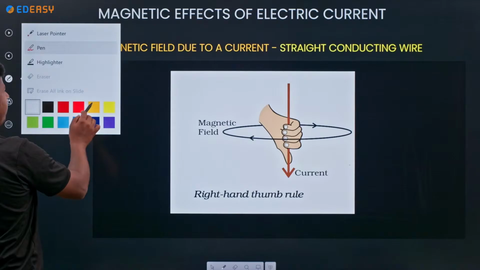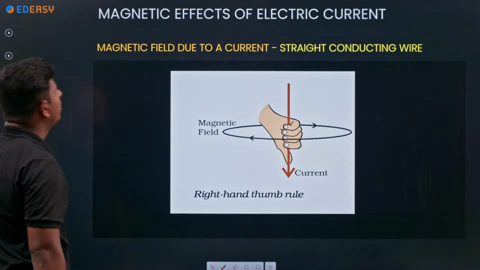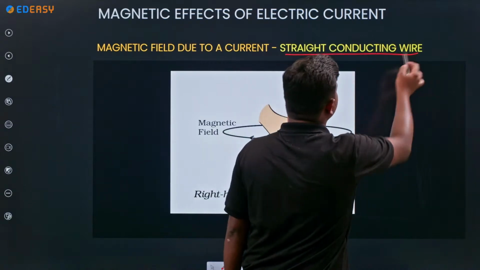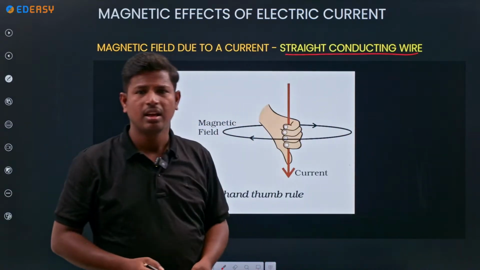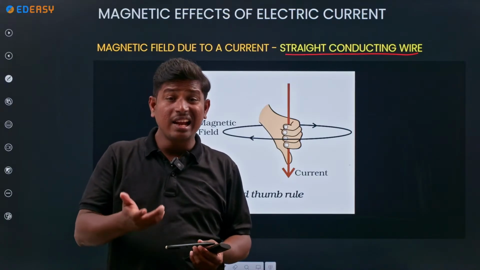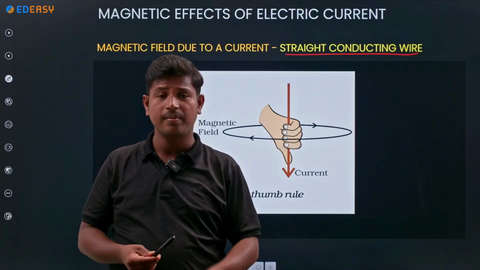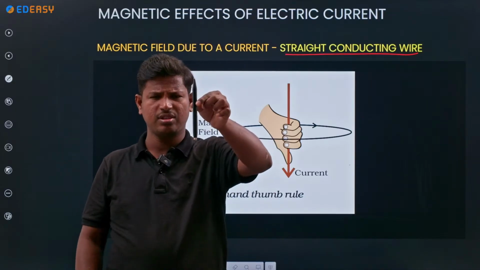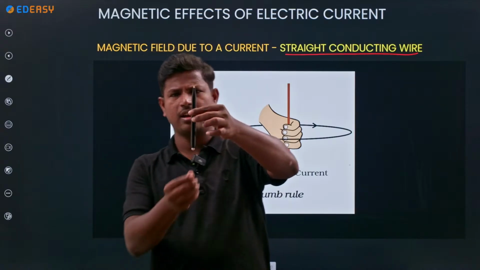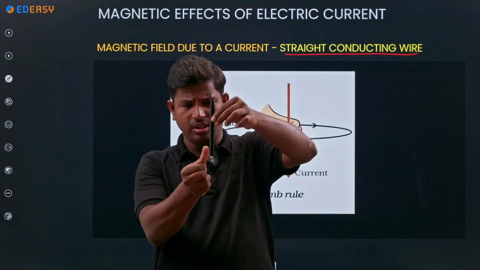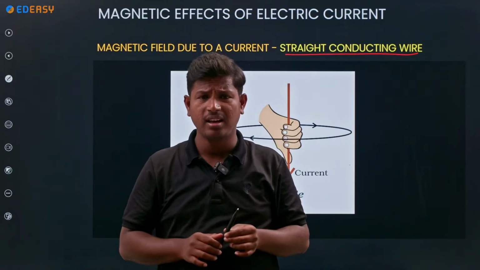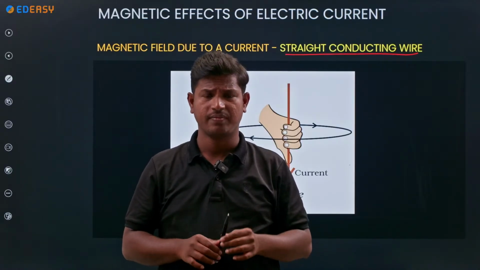Next, a very interesting topic: the magnetic field produced by a current-carrying straight conducting wire. So let us take this as a conducting wire, assume it, and through the conducting wire current is passing.